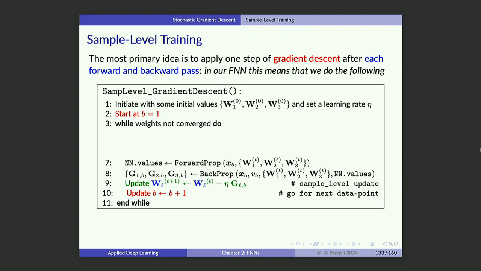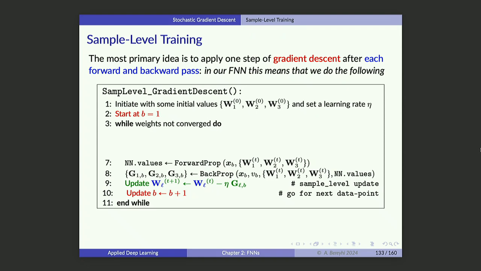And these are the gradients that you have computed for the loss of that particular data point, right? But you just ignore it. You just forget about that. And you use that particular guy to just do the update.